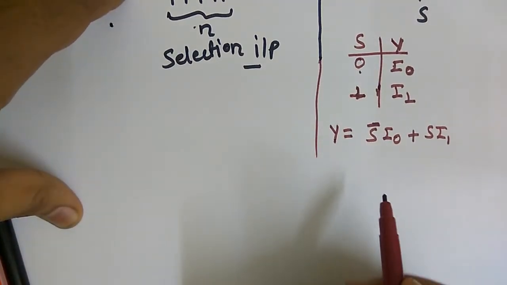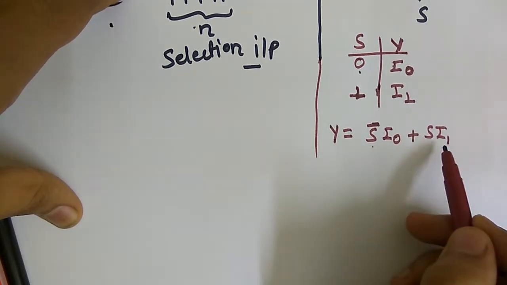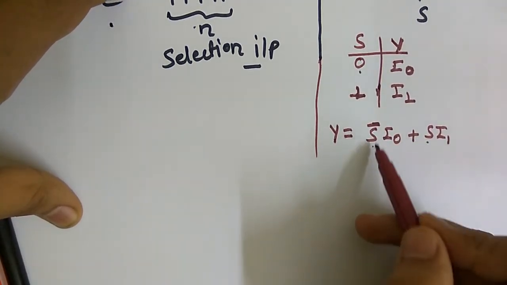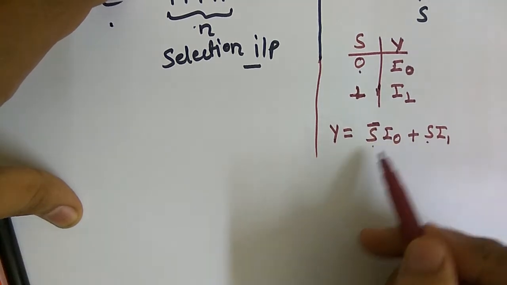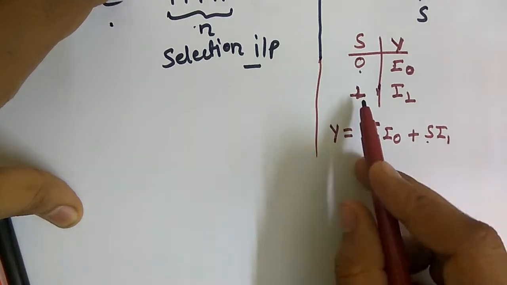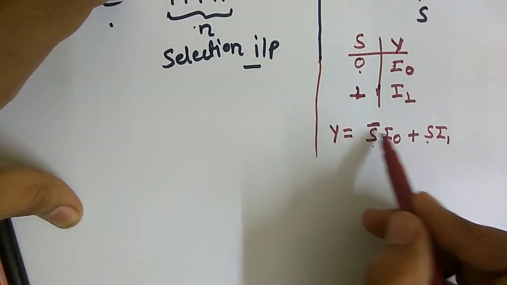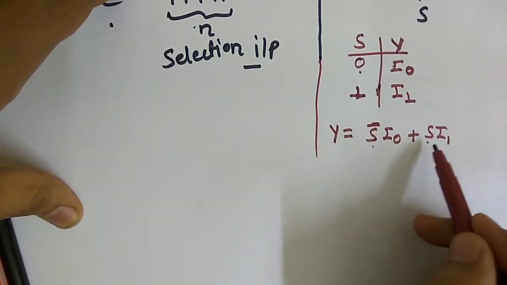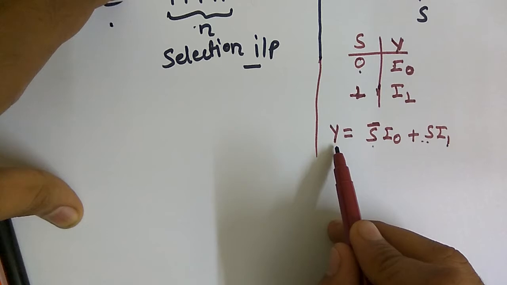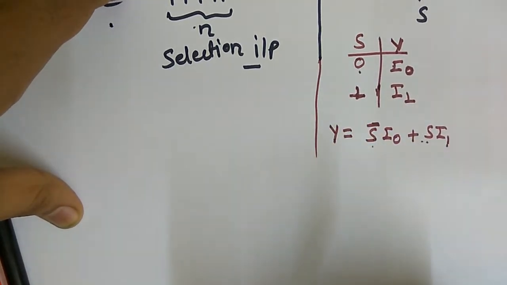If the value of s is 0, the second term is 0, the complement of 0 is 1, so the output will be I0. If s is equal to 1, the complement of 1 is 0, so the first term becomes 0 and 1 into I1 is I1. So when s is equal to 1, the output will be I1.